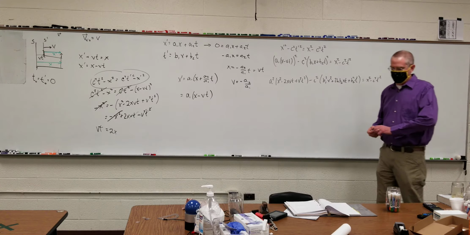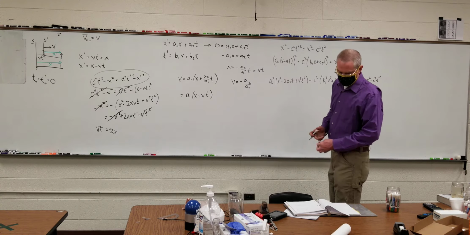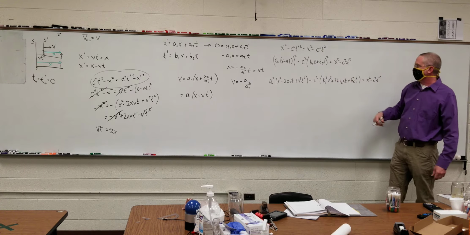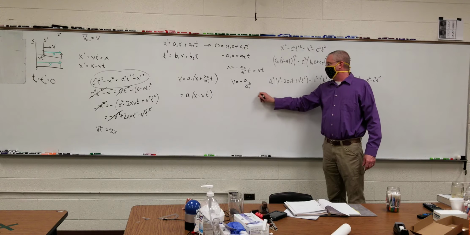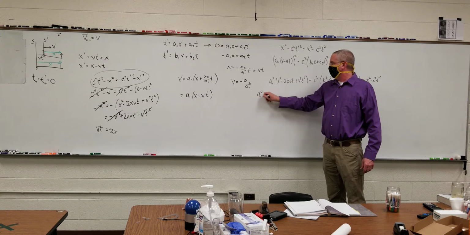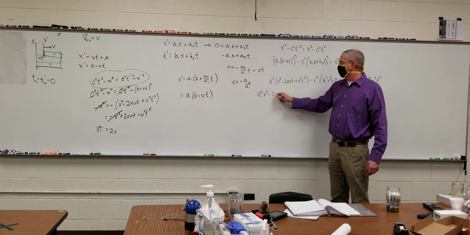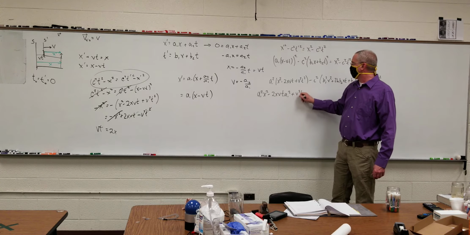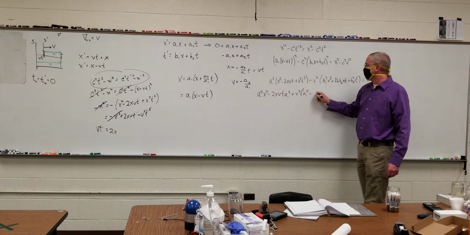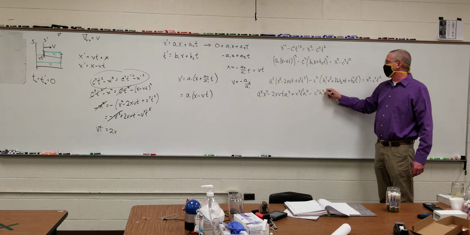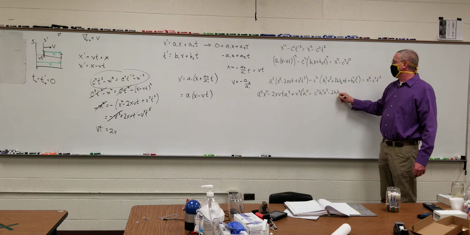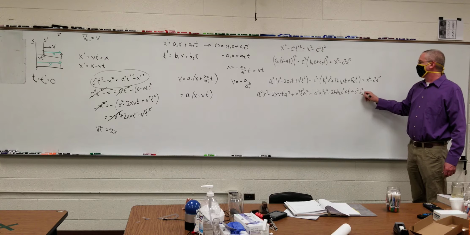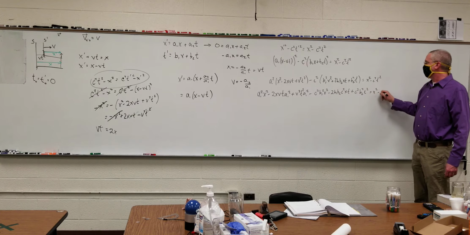Loads of places to make a mistake. Go ahead and distribute the a1 squared and the c squared. So we get one giant long alphabet soup: x squared a1 squared minus 2xvt a1 squared plus v squared t squared a1 squared minus c squared b1 squared x squared minus 2 b1 b2 c squared xt plus c squared b2 squared t squared is x squared minus c squared t squared.